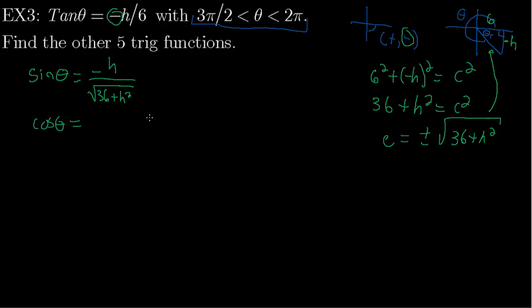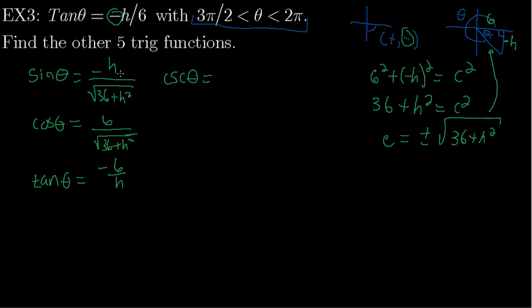Cosine theta, adjacent over hypotenuse, 6 over the square root of 36 plus h squared. And again, I'm going to leave this positive because I know that in quadrant 4 cosine statements are positive. Tangent theta, I was given as negative h over 6. And then the other three reciprocals.